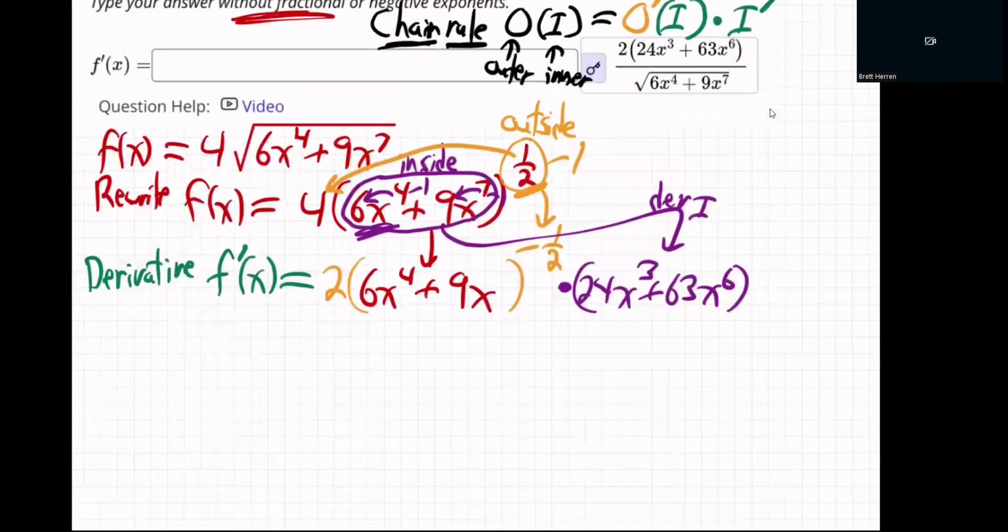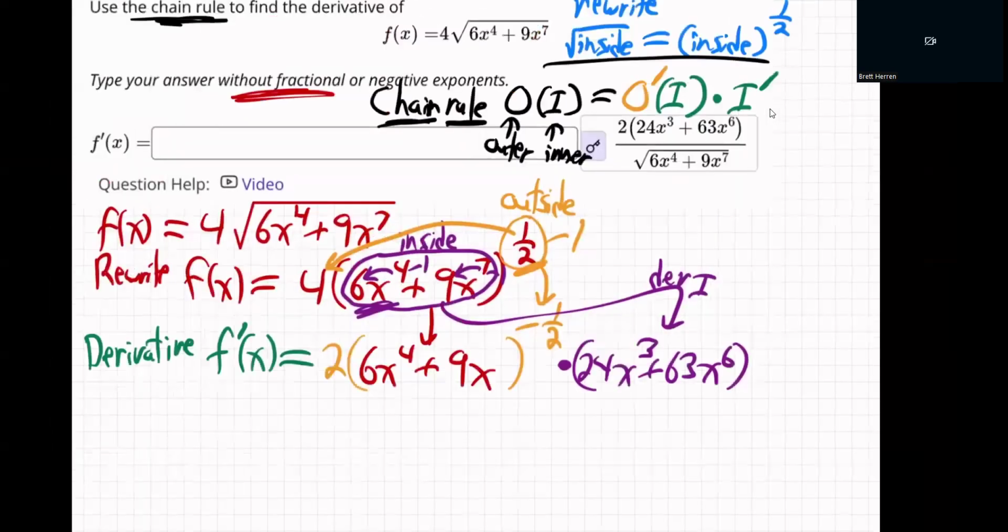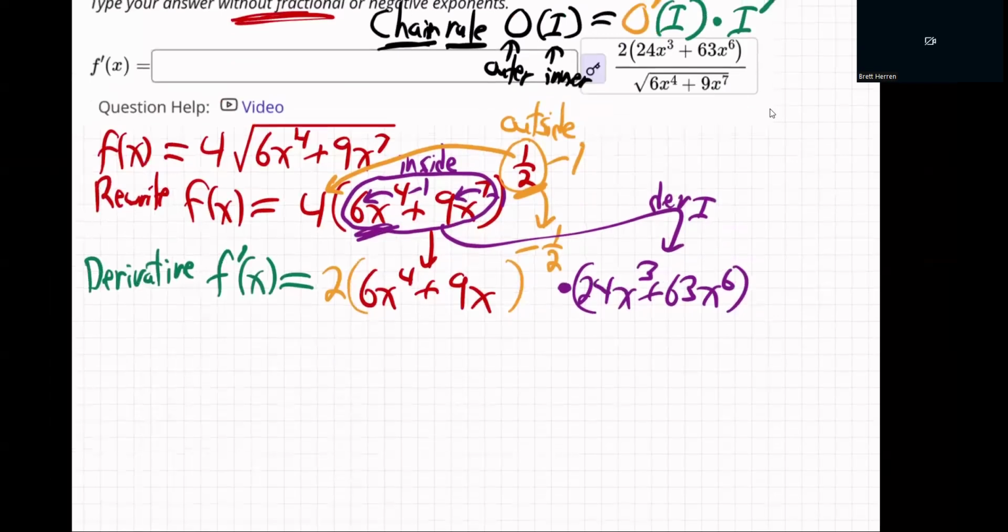So now we remember they said type your answer without fractions and without negative exponents. See how we have a negative fractional exponent? Can't do that. So we got to fix that. So now it's, I'll just call it clean up or rewrite. So what's going to happen? Well, make a fraction for us.